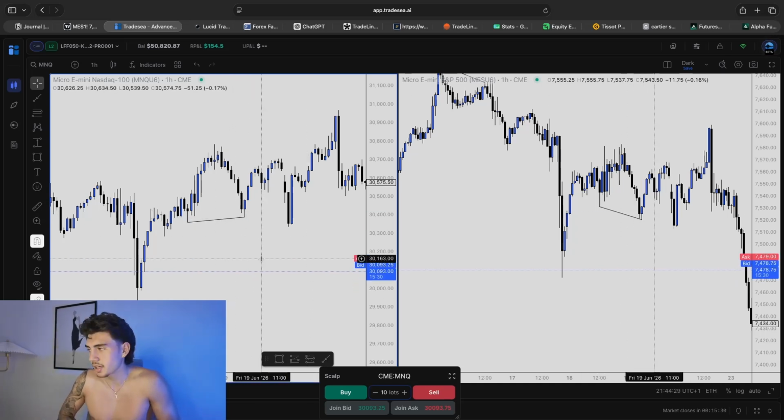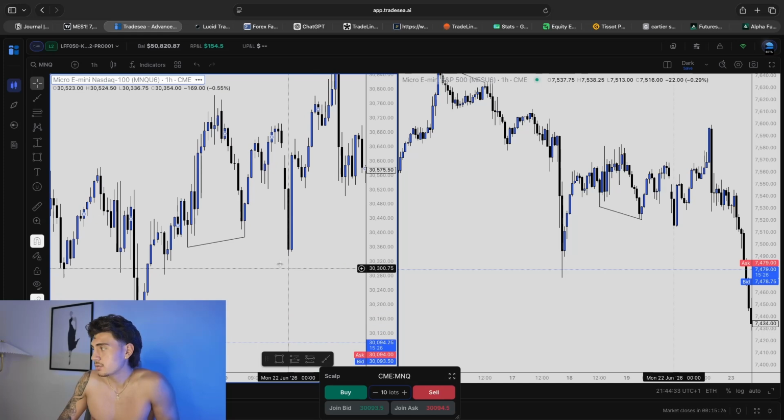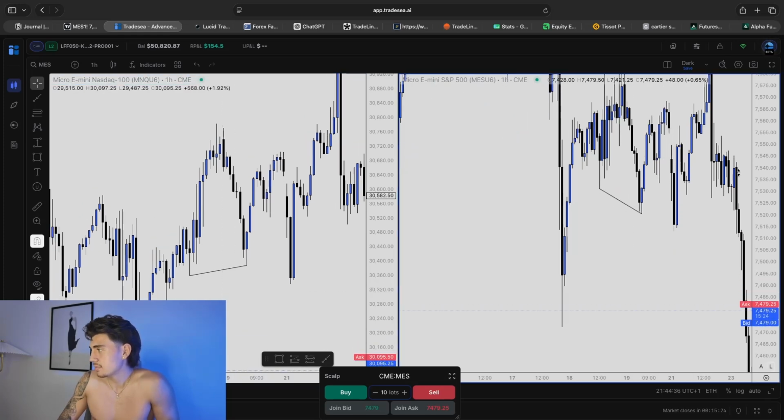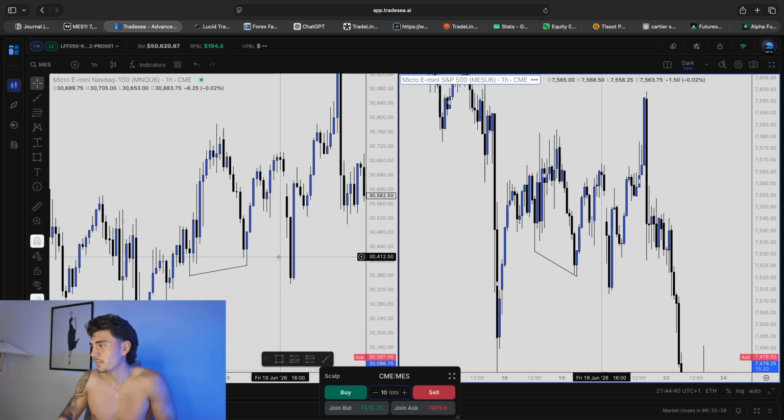So these are the same time frames. We've drawn a line between the candles and they are the exact same time frames. One's the S&P 500, one is the NASDAQ, right?